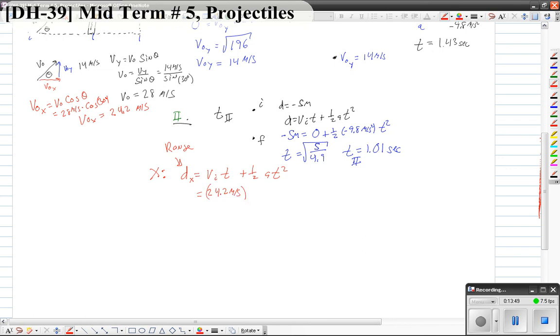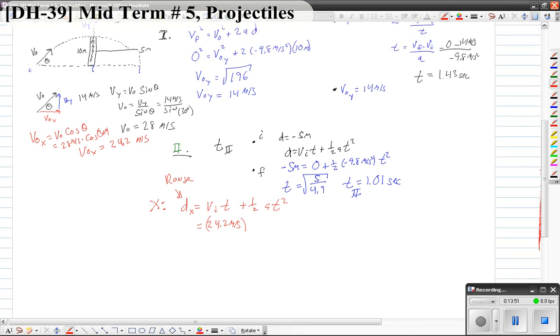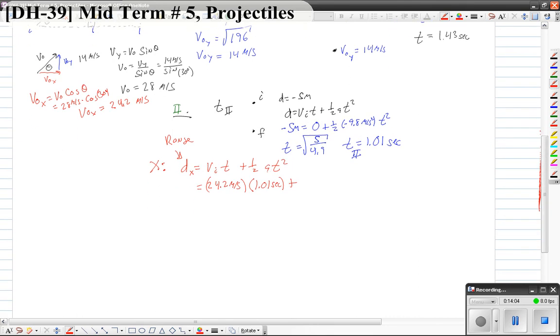Now, since we're only talking about the distance from the top of the wall to here, we're not going to use the whole time. We're only going to use the time once it got past the wall, which was 1.01 seconds. Now we're going to avoid another misconception, which is that the acceleration is always -9.8. Well, the vertical acceleration is -9.8, but this is in the x direction. You don't want to mix the blues with the reds.